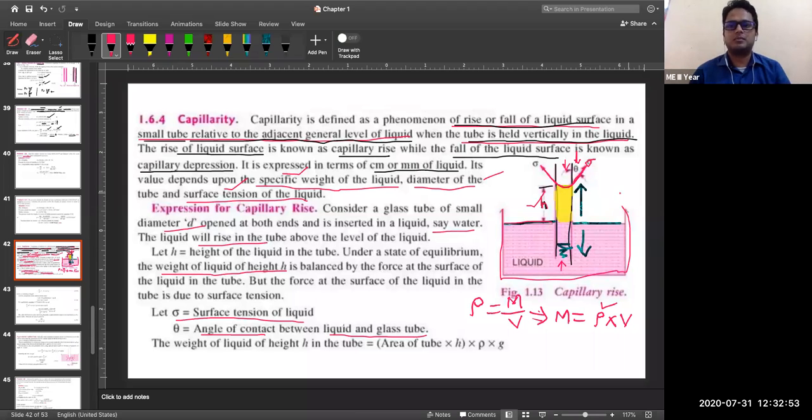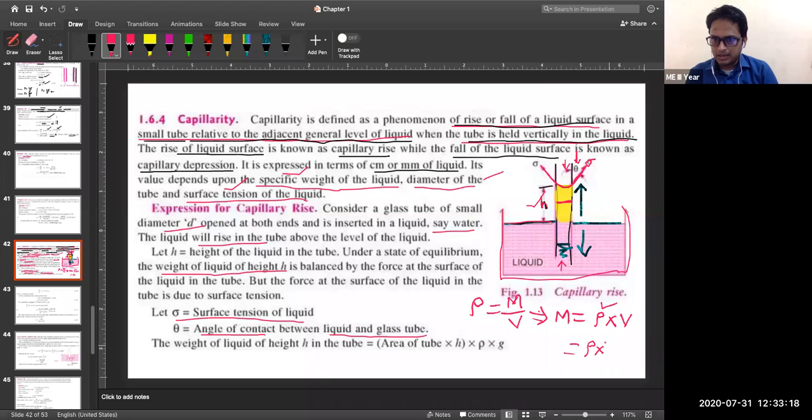So what is the formula for volume of a cylinder? The area of this tube will be a circle. Area of a circle is pi by 4 into d square, into height h.